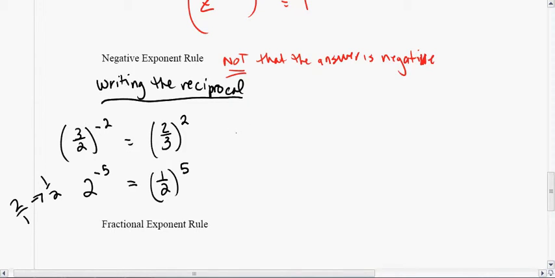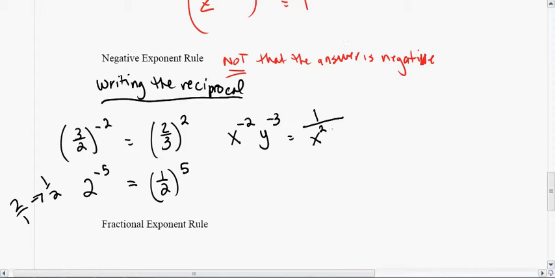What if it has a mixture of things? What about x to the -2, y to the -3? Well, let's see. The x to the -2 becomes 1 over x squared.